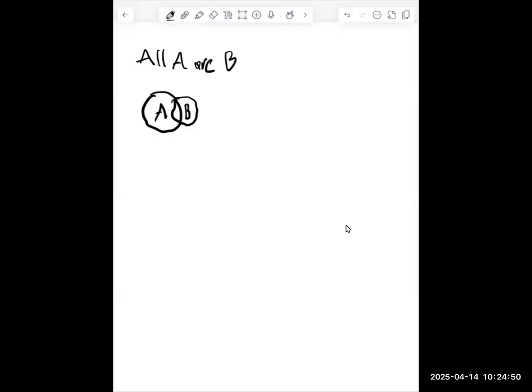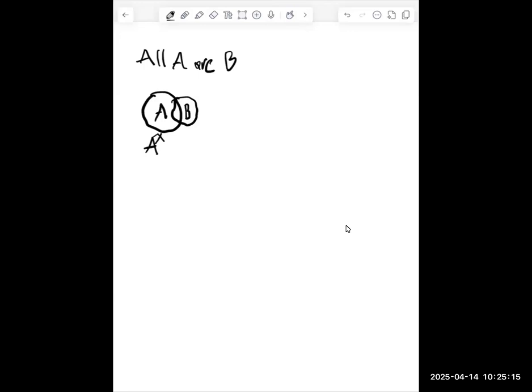All A are B. So what are we saying when we say all A are B? We're saying that there is nothing in this A circle that's not also in the B circle. Let me label the A circle since in a minute we're going to color in a lot. So we look at A and B. There's a lot of the A circle outside the B circle.